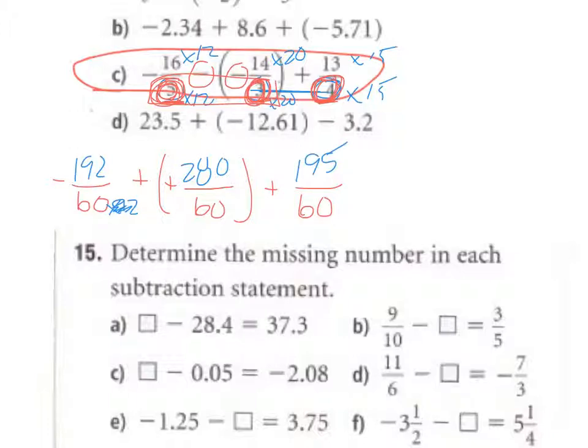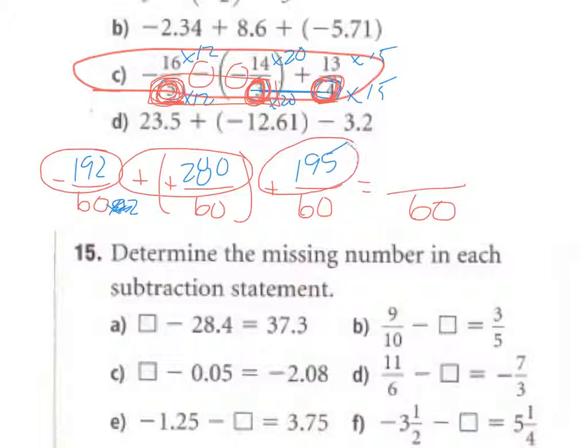Now I have fractions, all common denominators. I'm dealing with integers, and I'm adding, all addition statements. So now the rule says I can add the tops, and I leave the denominators. So I have negative 192 plus positive 280 plus 185.